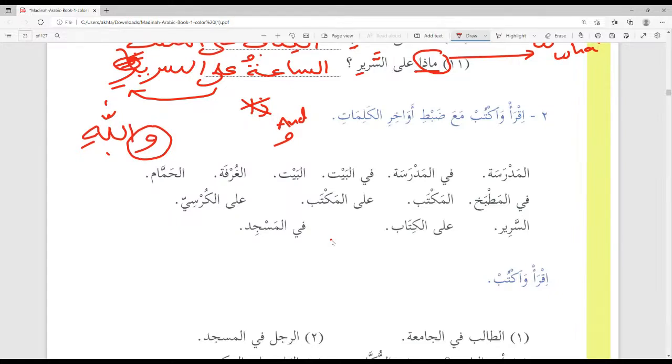Al-madrasatu. You were about to say al-mudarris. Everybody does that. ما معنى المدرسة؟ The school. So madrasa, school. Next one.